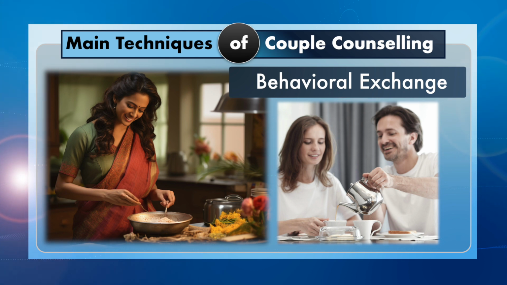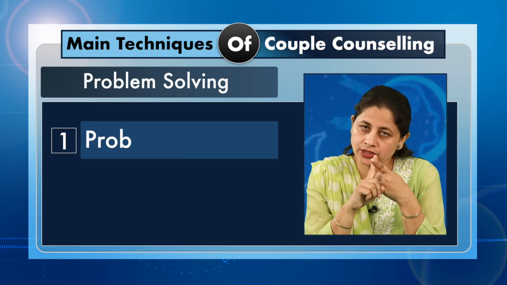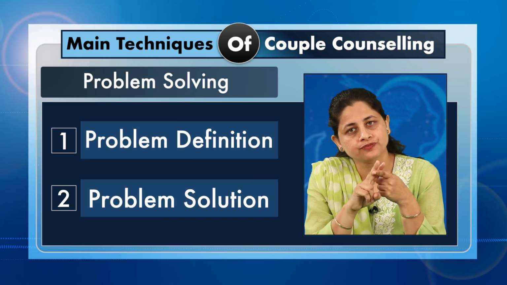The technique is designed to increase the number of positive interactions between the couple. These small acts can make a significant difference in one's bonding and can improve the relationship. So this is about the behavioral exchange. The other technique is problem solving, which consists of two phases: problem definition and problem solution.